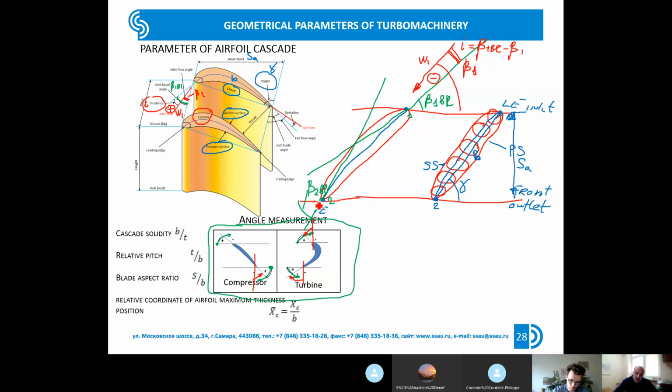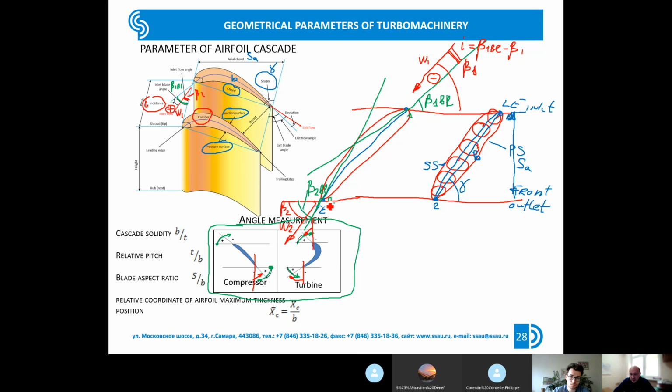The flow leaves the trailing edge, this is the velocity W2, this is the angle beta 2. The direction of the vector W2 is determined by the shape of the blade at the outlet part, but of course, in reality, the angles beta 2 blade and beta 2 are not equal, but usually they are very close.